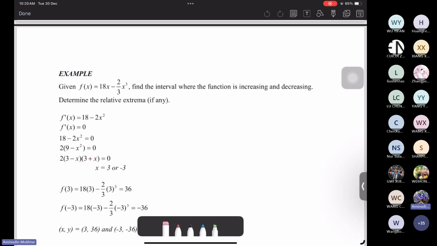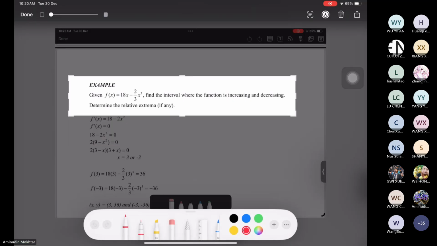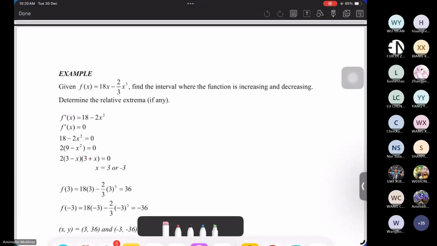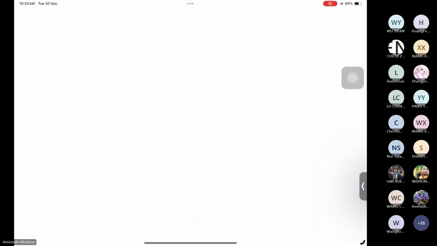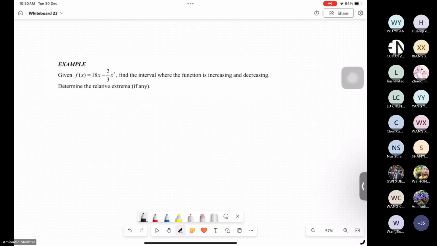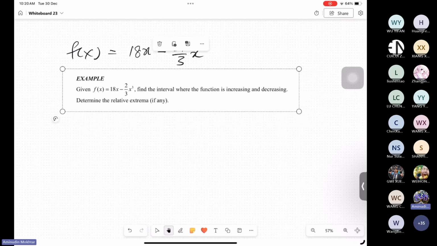How to answer this question? Find the interval where the function is increasing and decreasing, and then determine the relative extrema.